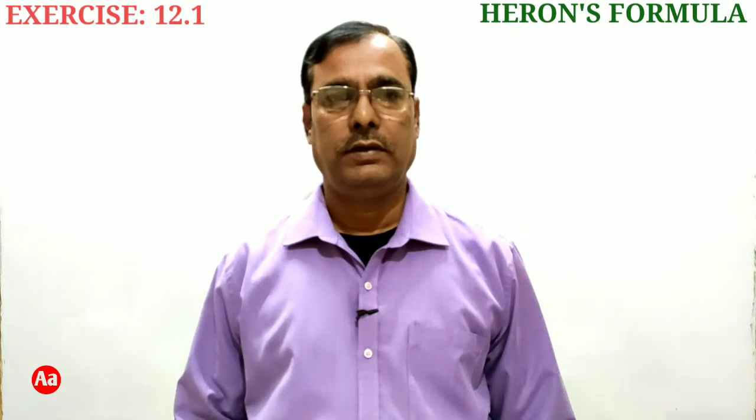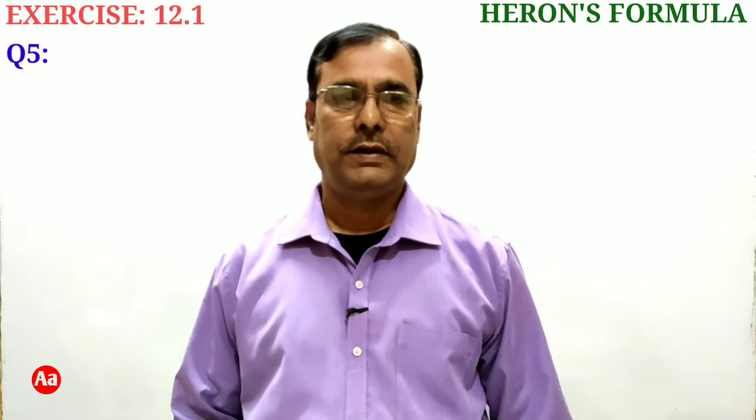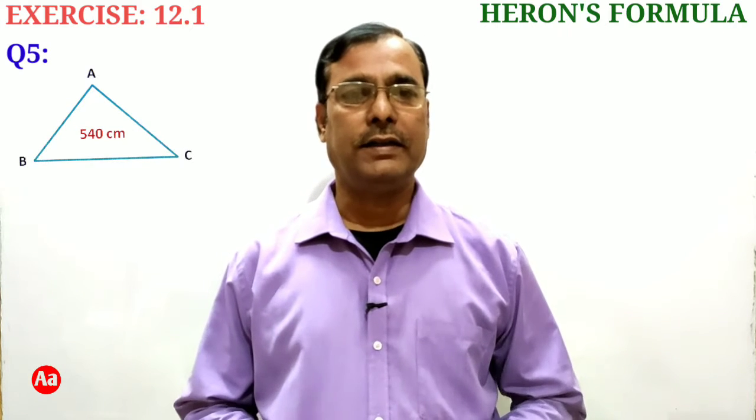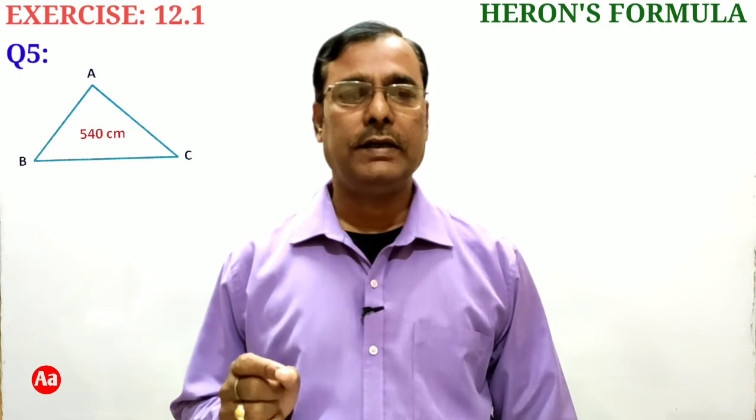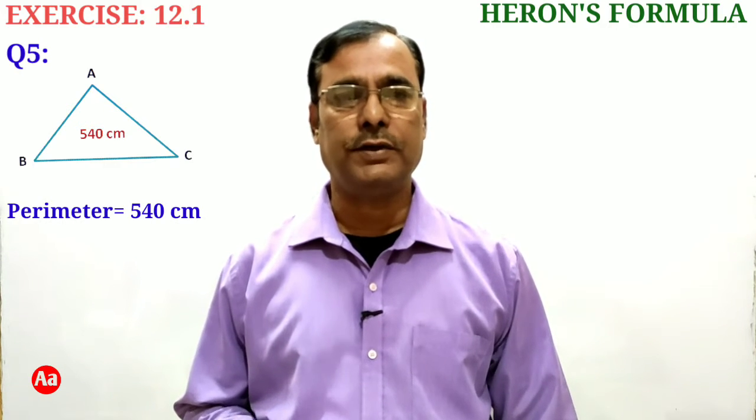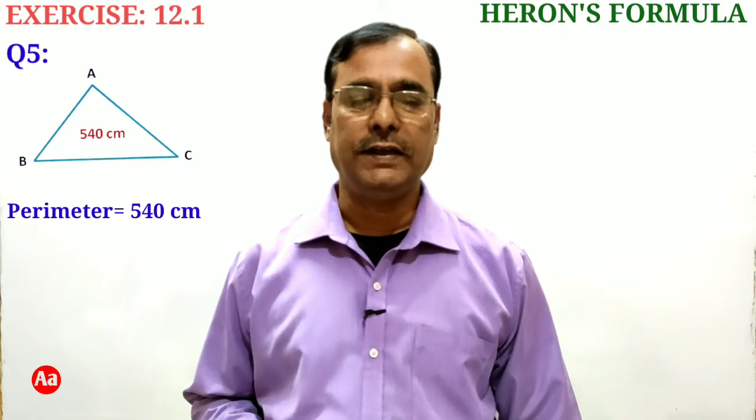Question number 5. Sides of a triangle are in the ratio 12:17:25 and its perimeter is 540 centimeter. Find its area.